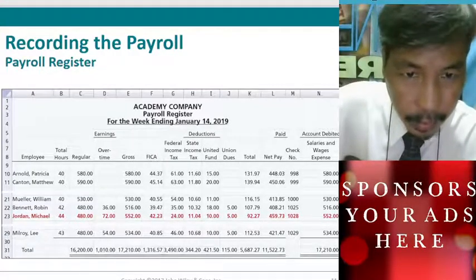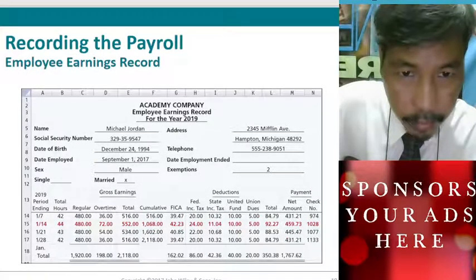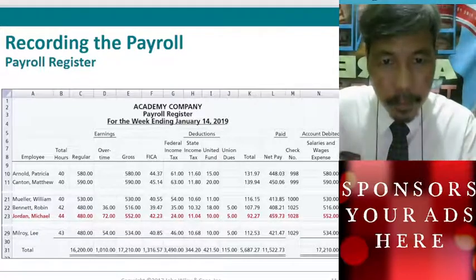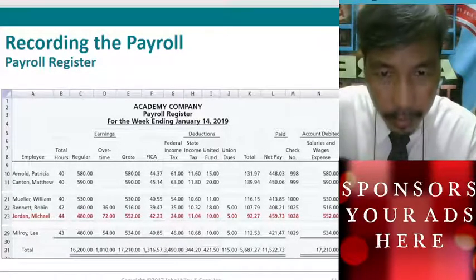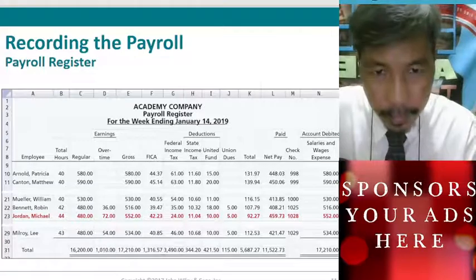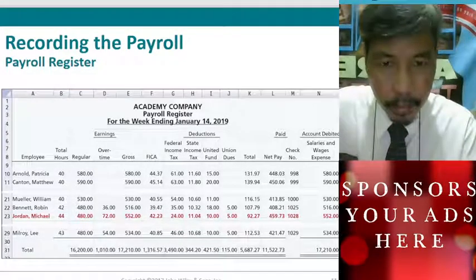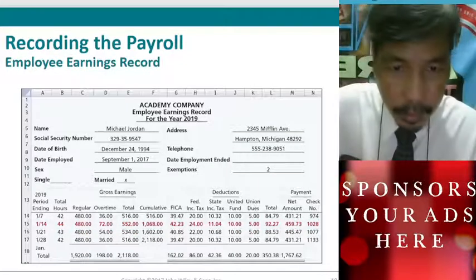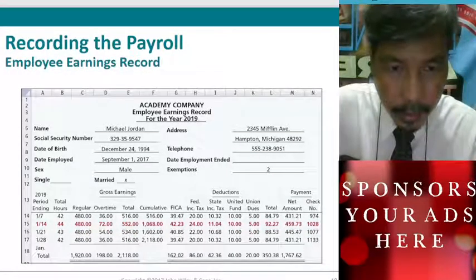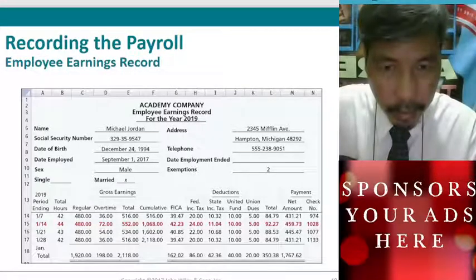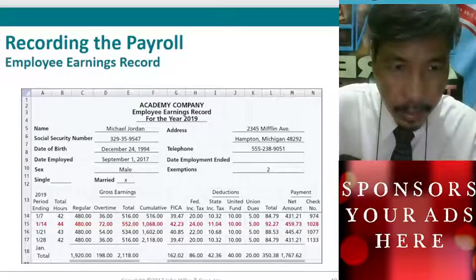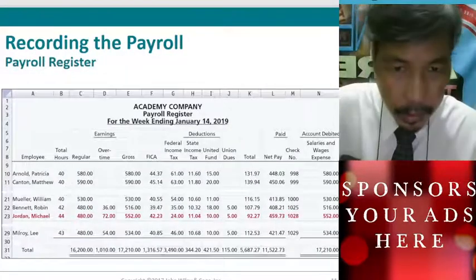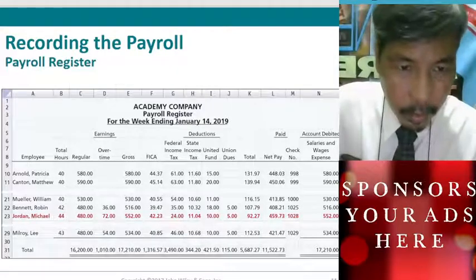Okay, so take a look. If you render 40 hours, you don't have overtime. Michael Jordan has 4 hours over, 44 hours, and received 459.73.